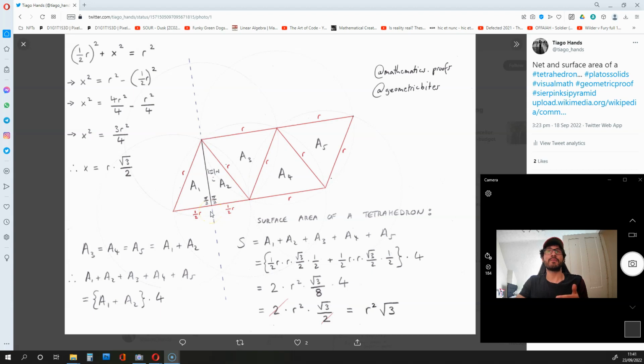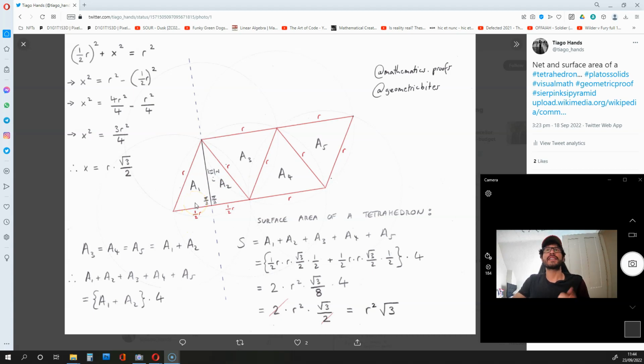Let's say the hypotenuse is r. What is the opposite though? We don't know yet, and we actually need that opposite to find the area of A1. Okay, so let's call the opposite side x, and let's use Pythagoras' theorem to discover what this value is.